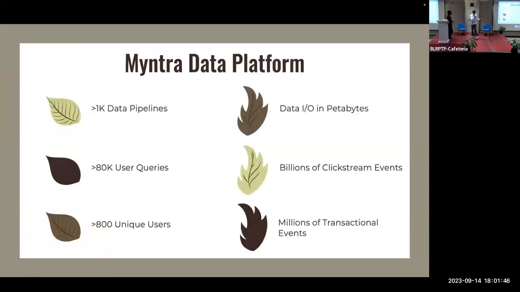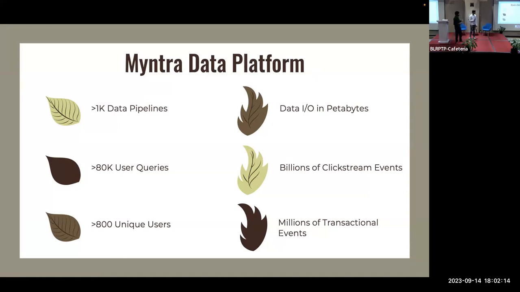A little bit about the Myntra Data Platform. At Myntra Data Platform, we are an organization of about 30 people. As stack, we have Spark, Databricks, Airflow, Druid, MemSQL, Kafka, almost everything which you hear about in the data ecosystem, we have deployed.